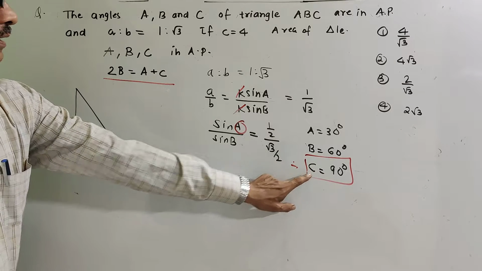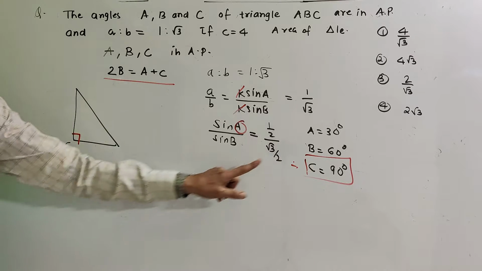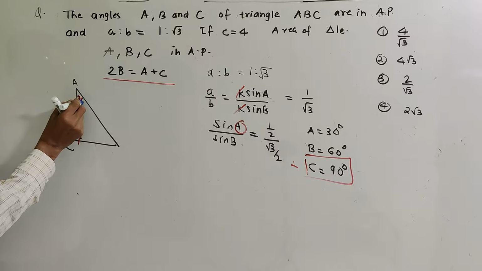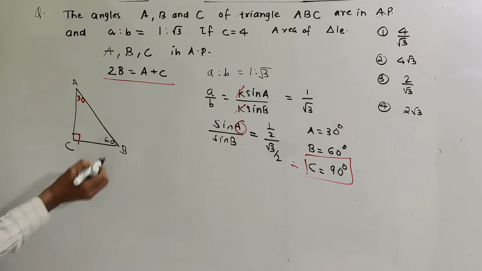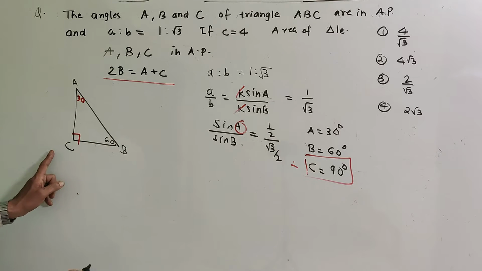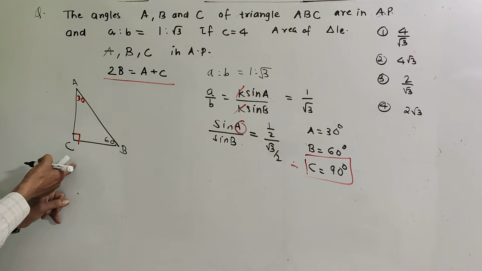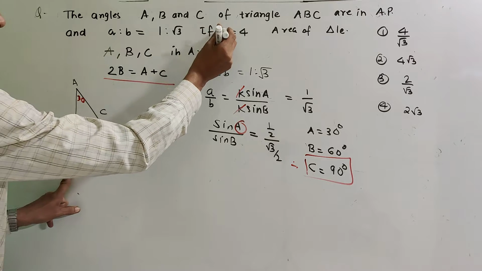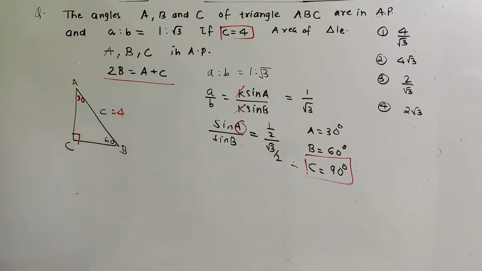So here it is right angled at C. A is 30 degrees and B is 60 degrees. And what is given? The side opposite to angle C, by our usual notation, we write small c, and it is given as 4. So 4 it is.